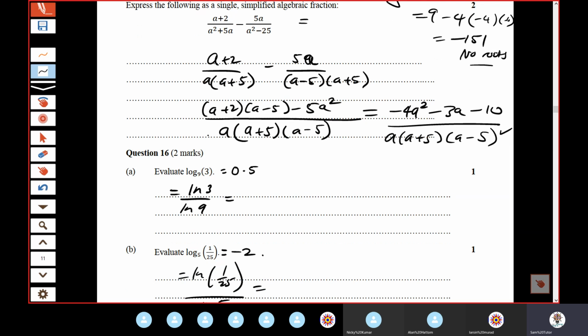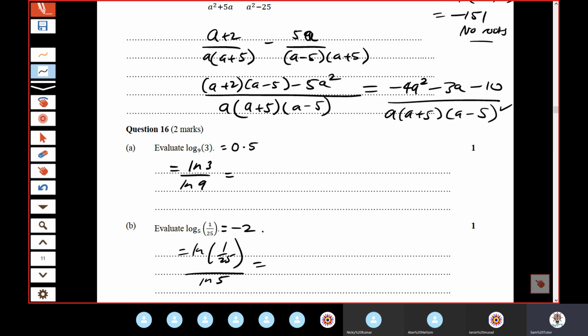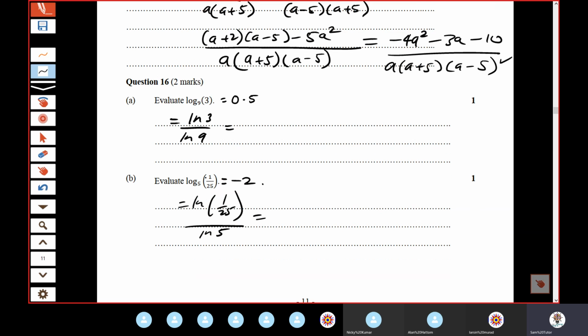Okay, 16, literally you've got ln 3 on ln 9, log 3 on log 9. This one, same thing, log 1 on 25 on log 5. It's just a change of base. And if Alan's done it right, this should be 0.5 and this should be negative 2.